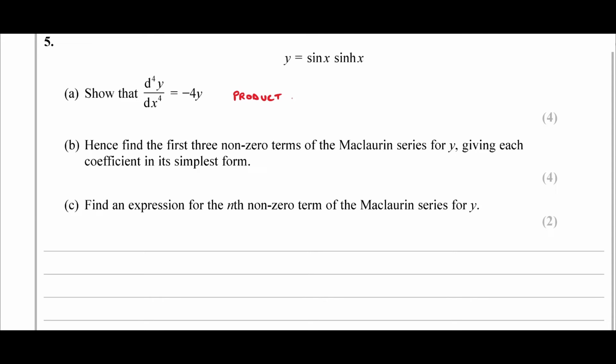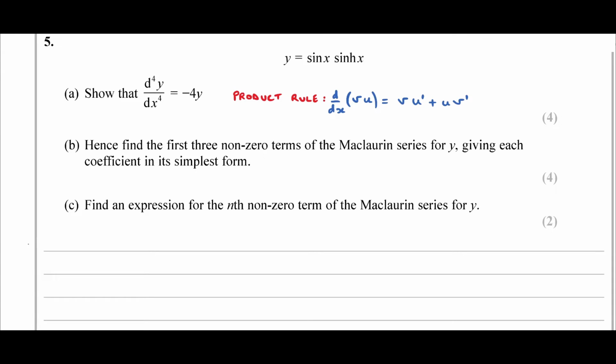For the product rule, if we're differentiating vu, this is equal to vu dash plus u v dash.